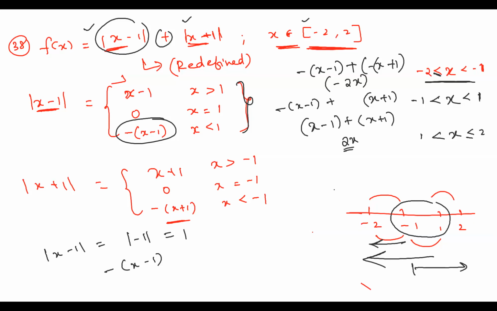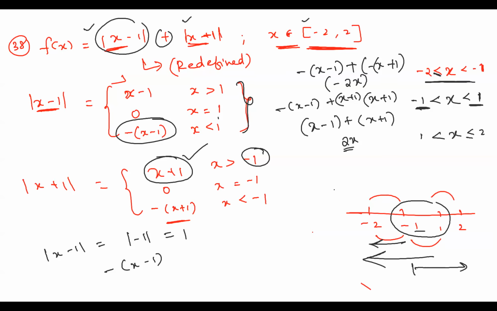No no, we should take this, no. Because x is greater than -1, I am going to take x plus 1. Look here, x is greater than -1, here x is less than 1.